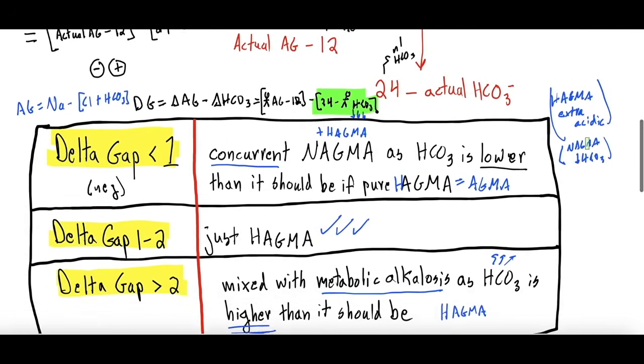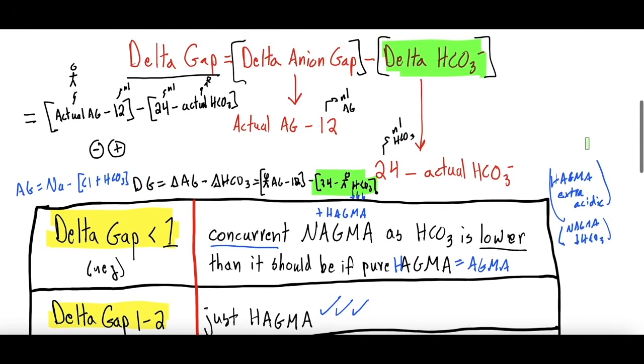So if you have a high anion gap metabolic acidosis, you do the delta, and either the bicarbonate value is appropriate, which will give you a delta gap of 1 to 2, and it's just that high anion gap metabolic acidosis, or the bicarbonate is inappropriate. If that bicarbonate is inappropriately low, as we know, that would be suggestive of a concurrent normal anion gap metabolic acidosis in addition to the high anion gap metabolic acidosis, because the bicarbonate is lower than it should be. Your delta gap is too low, so you have this combined disorder.